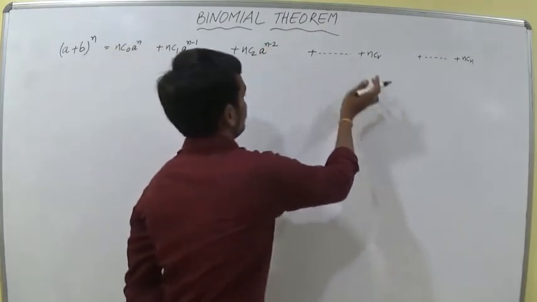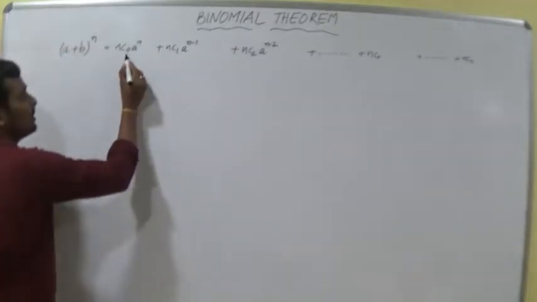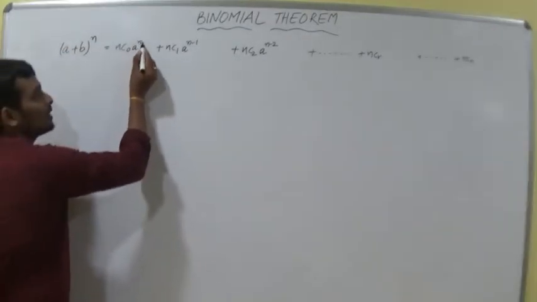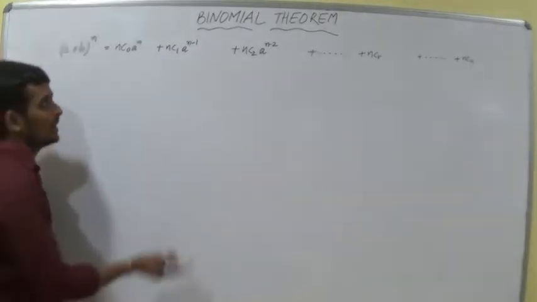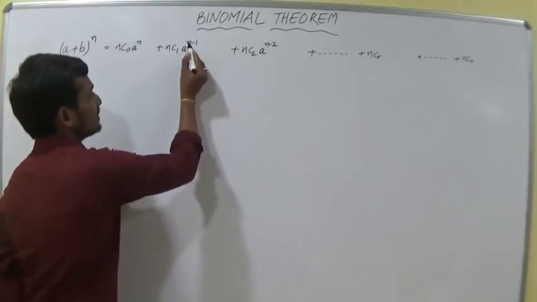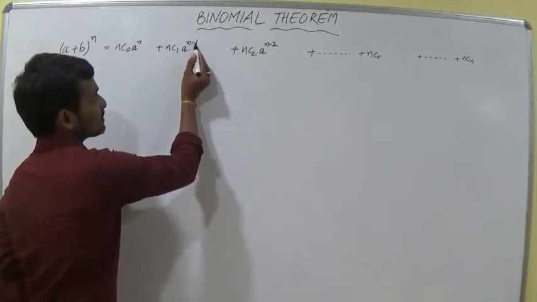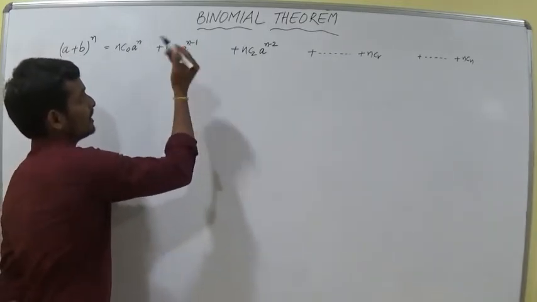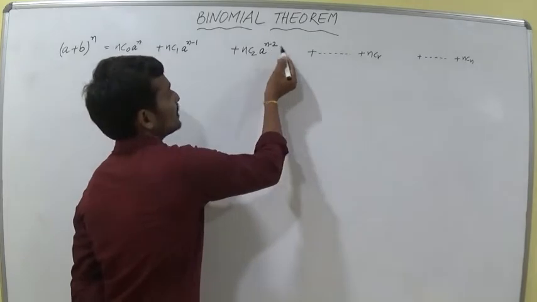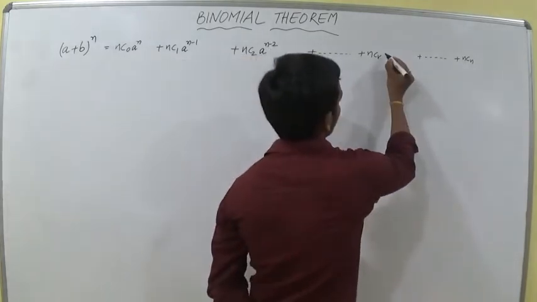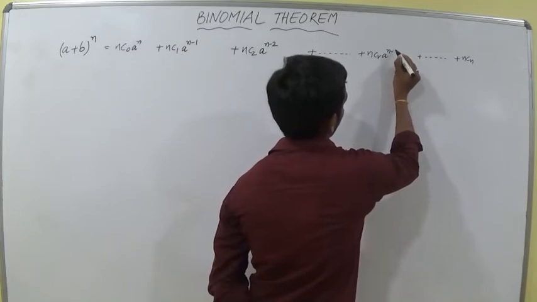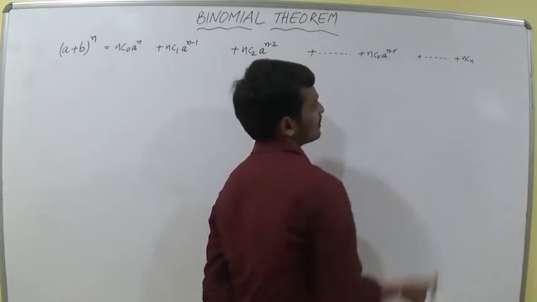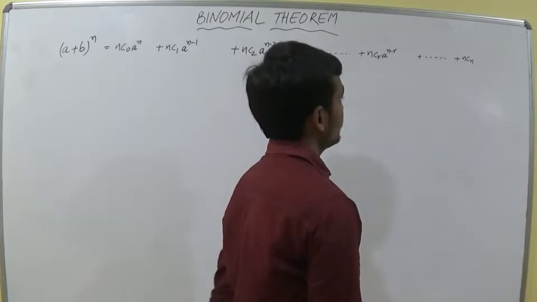And so on. If you observe here, for nC0 it is a to the power of n minus 0, or n. Here nC1, that's why it is n minus 1. 1 minus 1, 2 minus 2. The same way here r, that's why it comes to a to the power of n minus r.